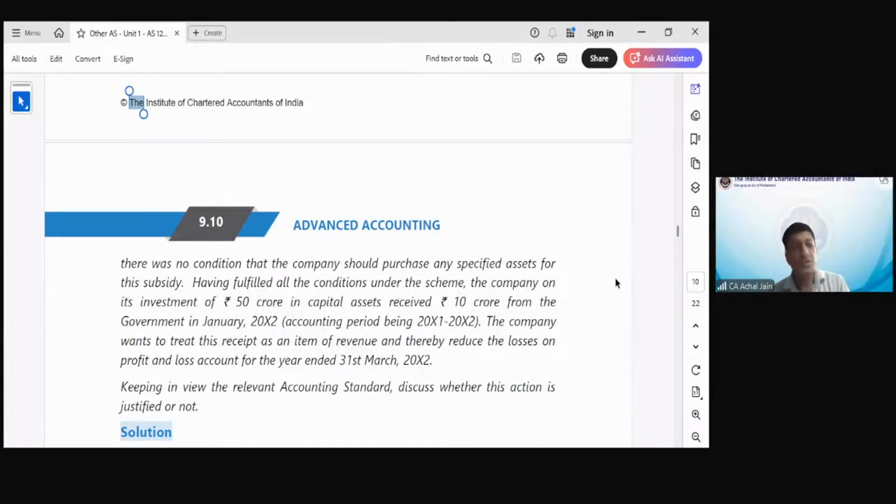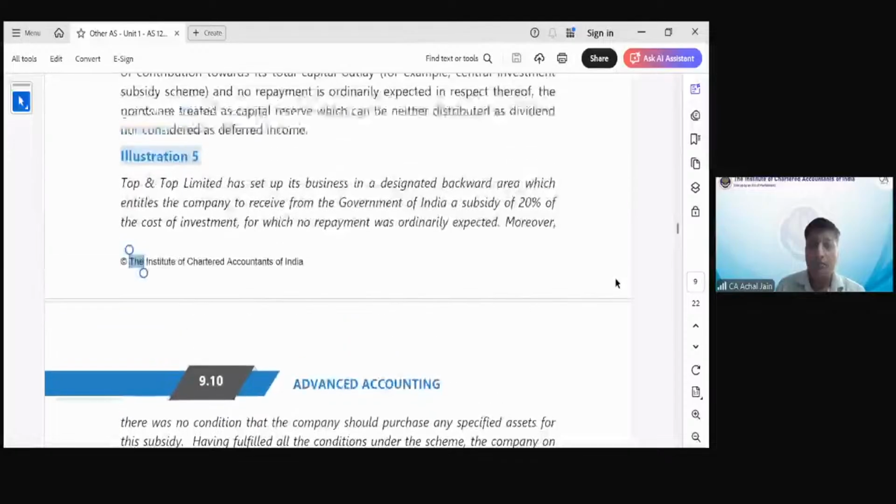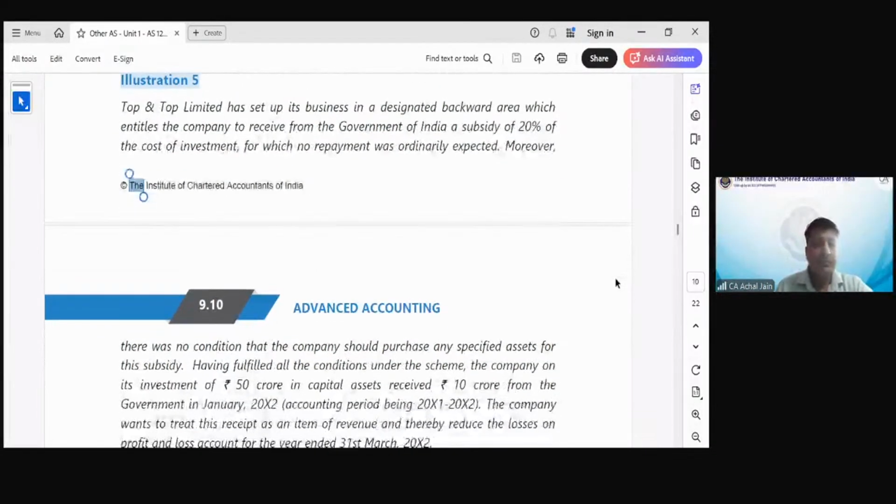So one can always think that if there is a grant in relation to any sort of cost of investment, maybe the entity is required to set up some infrastructure. That's what you call investment cost also. But it's been clarified that there's no such condition. So can we say it's a grant related to asset? Tell me.